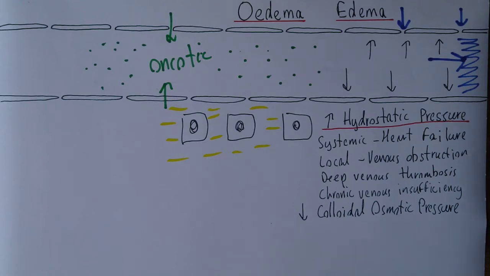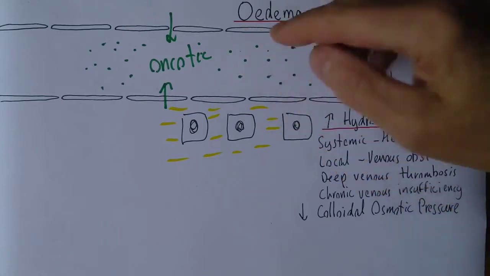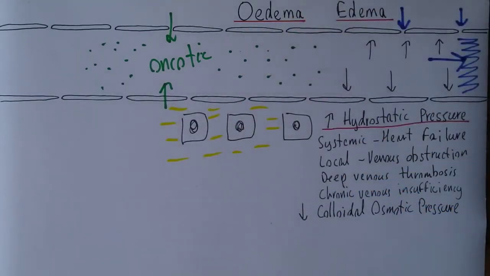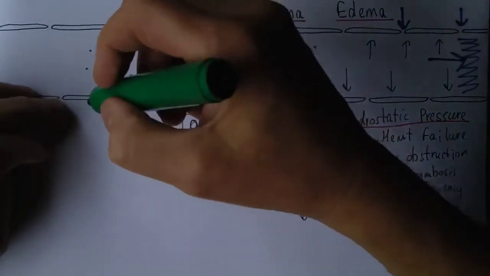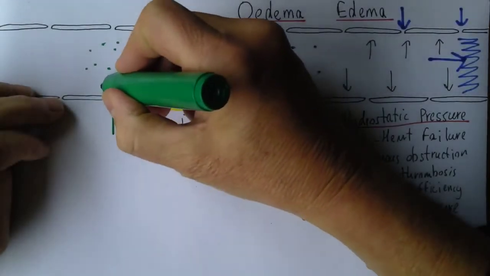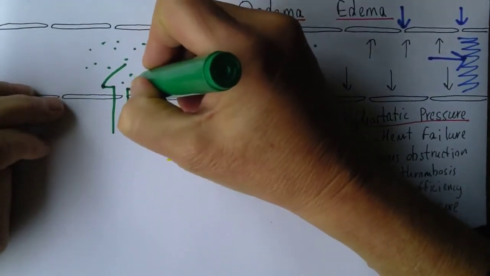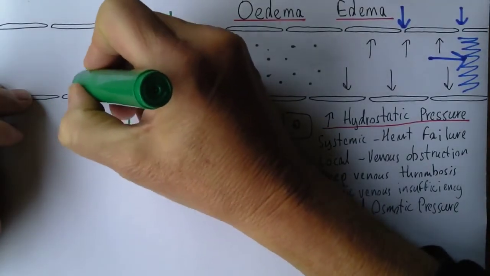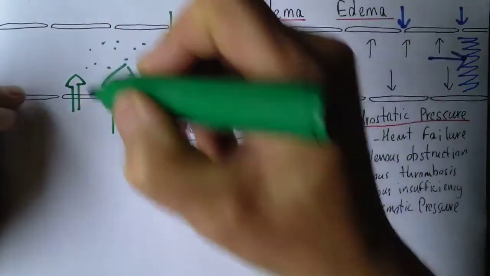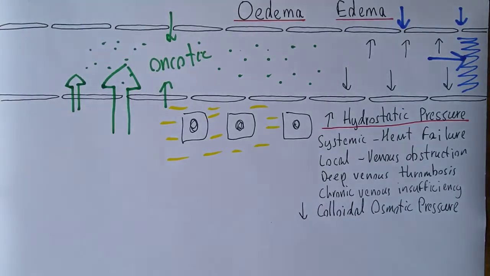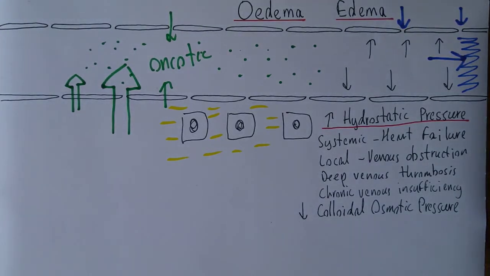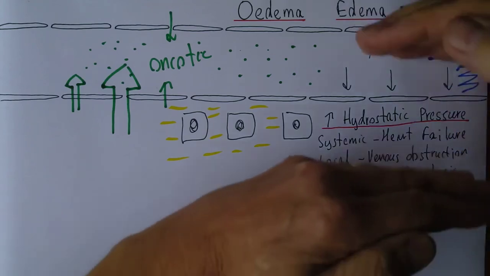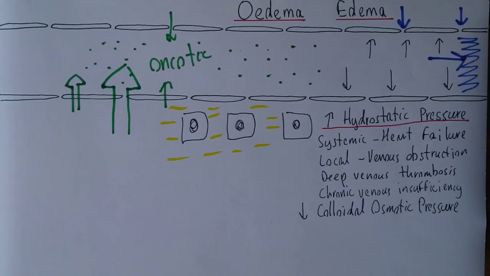So if that is decreased, if there's a decreased suction effect, so instead of getting a big suction effect in, as we would get with normal levels of plasma protein, we're going to get a reduced suctioning effect. So normally at the venous end of the capillary, the oncotic pressure is going to exceed the hydrostatic pressure and there's going to be net reabsorption of tissue fluid.